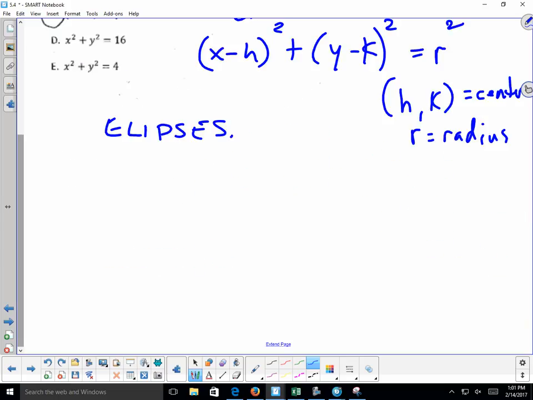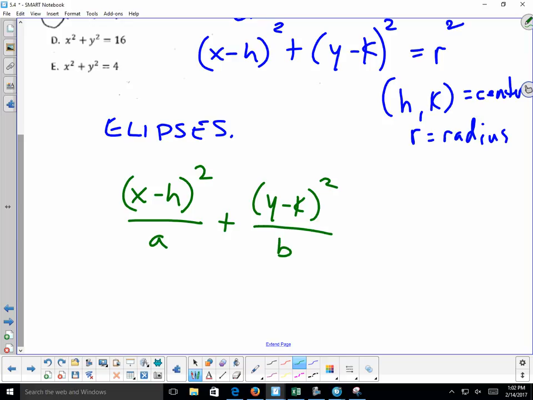the formula is x minus, do they use h and k still? Yeah. Yeah, x minus h squared over, what do they use? Well, it's A or B. A, let me use A, and then plus y minus k quantity squared over b equals 1. It's always equal to 1 over here.